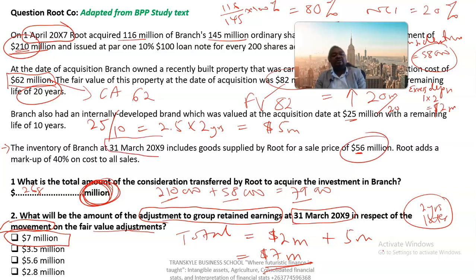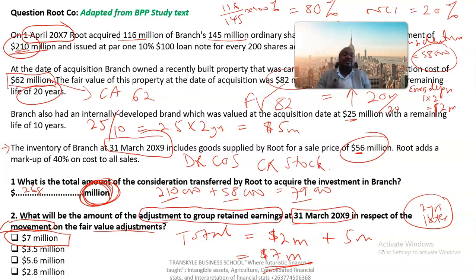As you can see, we are only worried about that inventory that has not been sold to third parties. This inventory had been there within the company, although it has been sold by the parent to the subsidiary. If it has been sold by the parent to the subsidiary, we know that the double entry is debit cost of sales and credit stock.